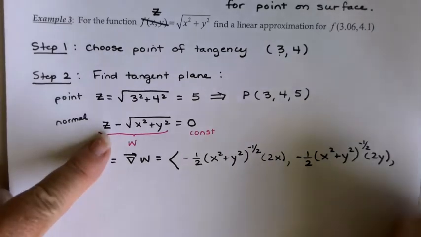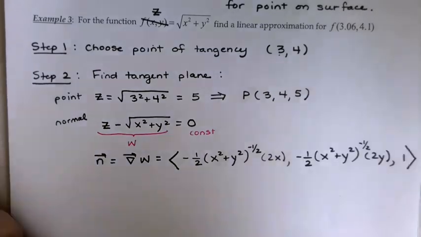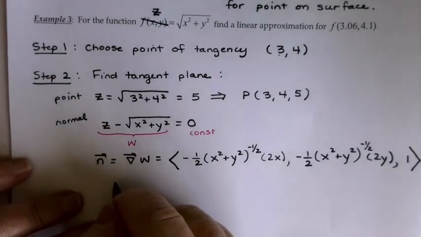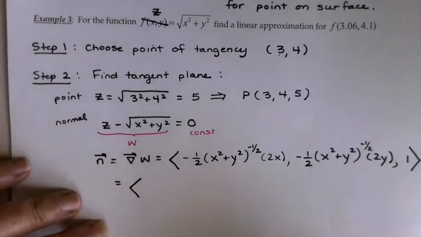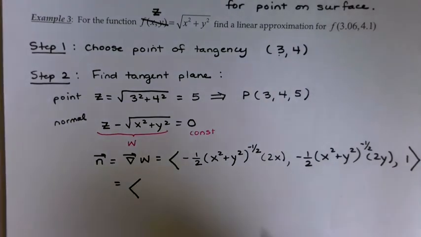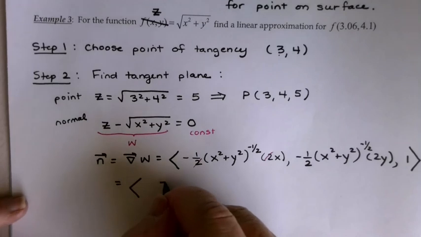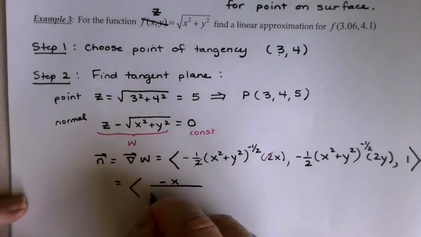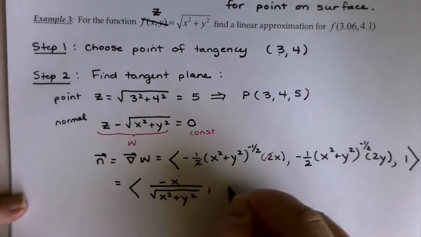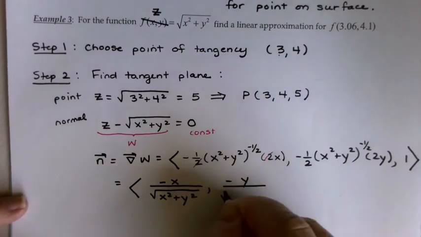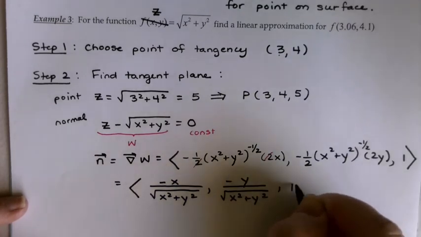And then the derivative with respect to z is just 1. Let's see, I can let some 2's cancel, and I'm just going to clean that up a little bit. Minus x over the square root of x squared plus y squared, minus y over the same thing, and 1.